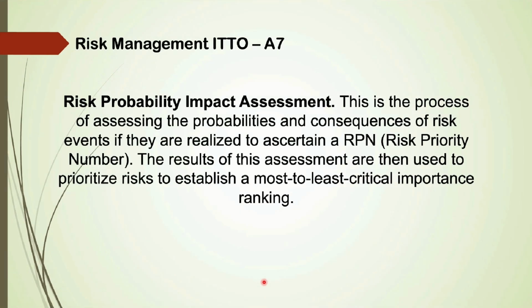Answer: Risk probability impact assessment. This is the process of assessing the probabilities and consequences of risk events if they are realized, to ascertain an RPN, which is risk priority number. The results of this assessment are then used to prioritize risks to establish a most to least critical importance ranking for each one of the risks.